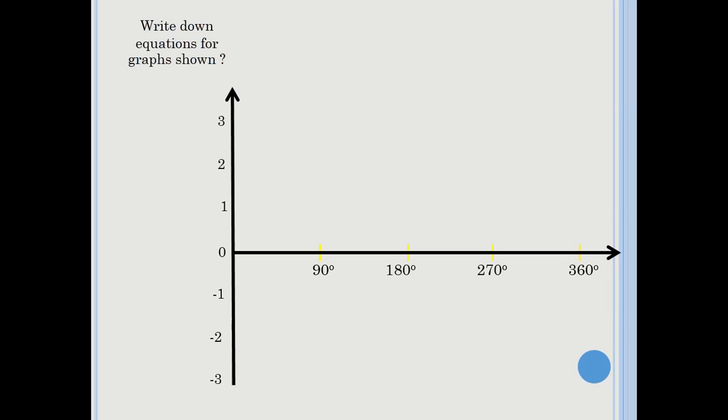So let's have a look at some different graphs and some different ways that we would have to actually read a graph. We have got the first example where we can see the graph itself is between 0 and 360. 0 is where it starts.